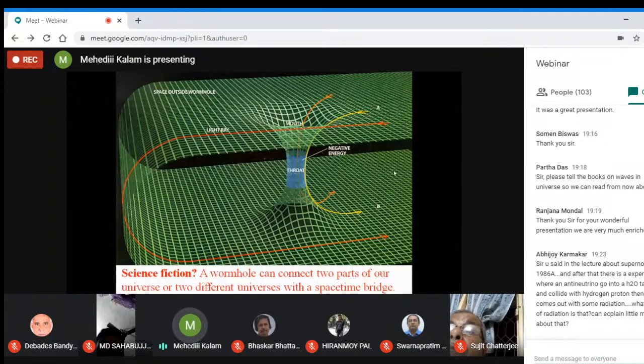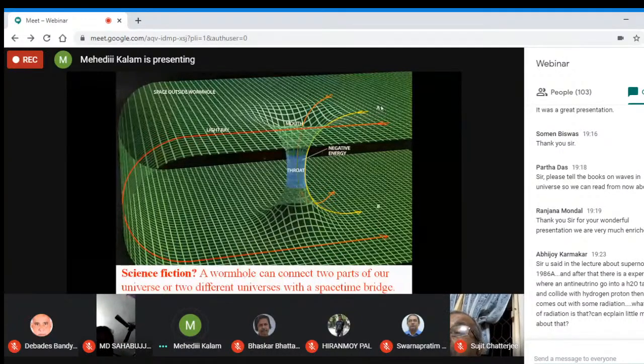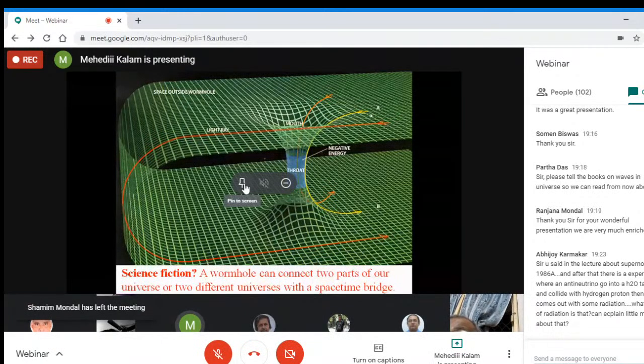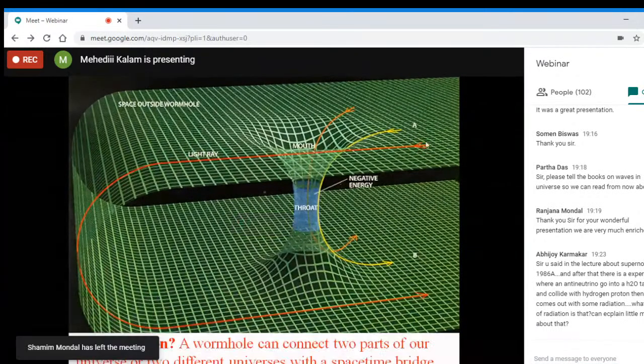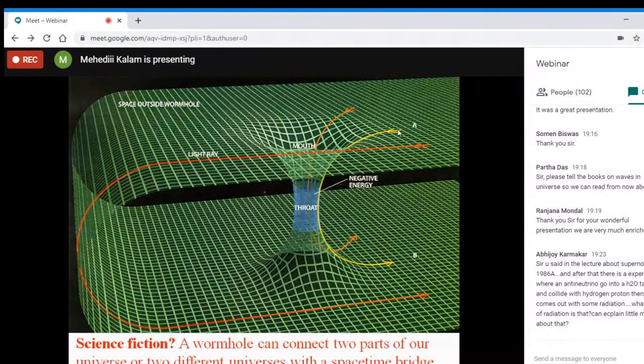It is a beautiful picture here. These are the spacetimes, and these red lines are light rays, that means the geodesic curve in the spacetime. A traveler wants to go from A to B, and A to B is connected through a wormhole. Suppose a traveler wants to go from A to B and light starts at the same point. Now light has to go through this red line, and the traveler is moving through this wormhole.